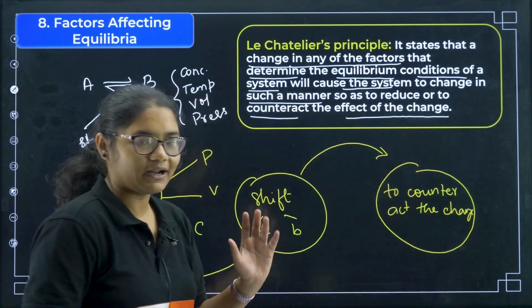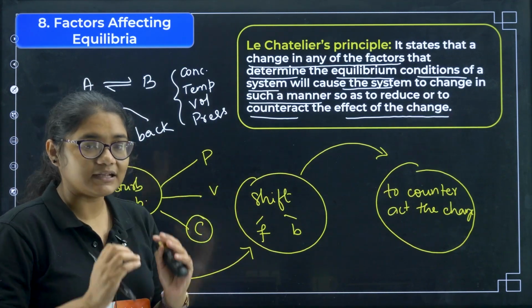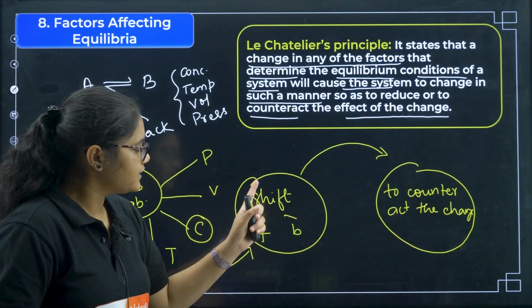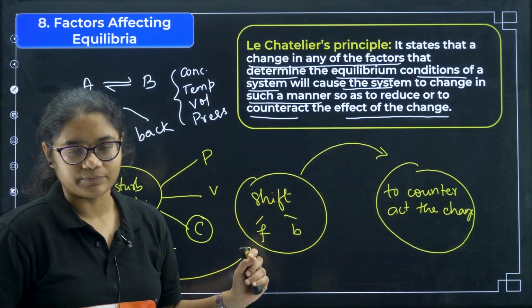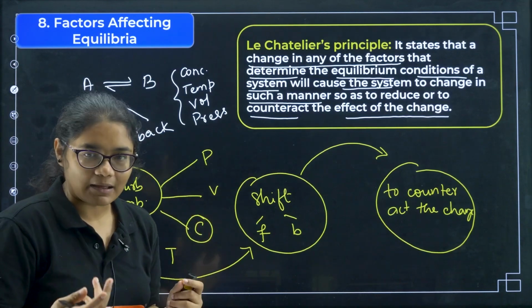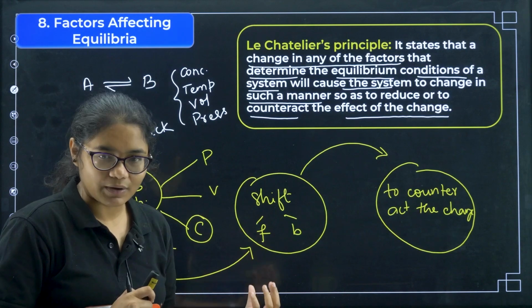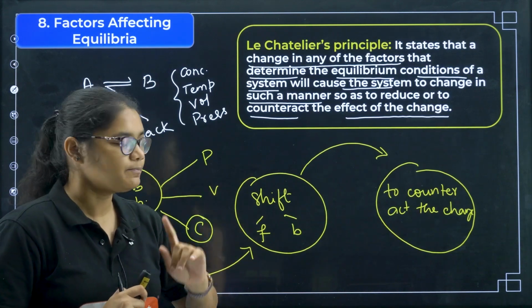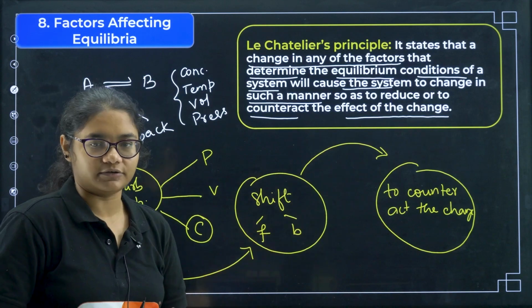Now suppose, for example, you have disturbed the concentration by increasing the concentration, then the reaction will shift in such a way to decrease the concentration. It will act opposite to what you have introduced. For example, if you have decreased the concentration, the reaction will shift in such a way to increase the concentration.